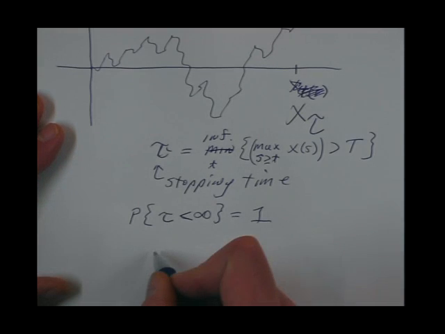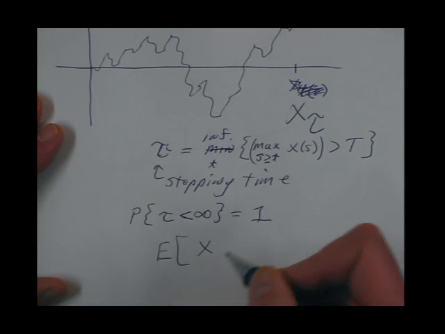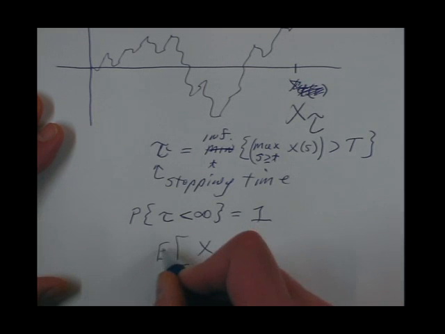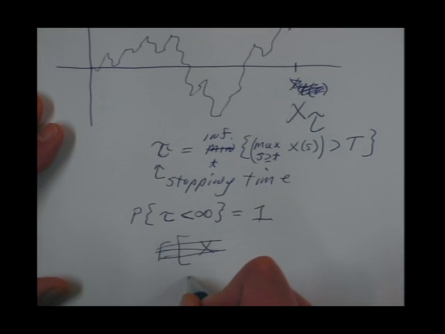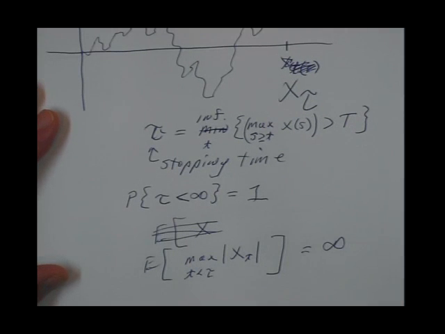So what ends up happening is that the expected value of the maximum of the absolute value of X_t over t less than tau is infinite. So the problem with this strategy is that you need an infinite bank.